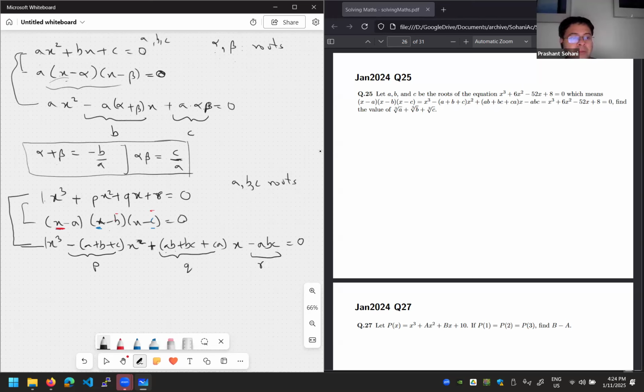And if you simplify that, the conclusion is that the sum of the roots a plus b plus c is minus p, multiplying 2 at a time and then adding them together is equal to plus q, and the product of the roots is minus r. So basically this alternating sign, minus plus minus, is there. And once more, we have not actually found the values of A, B, C. Without even finding the values, I'm able to say how much is the sum of the roots and the product of the roots, for example.